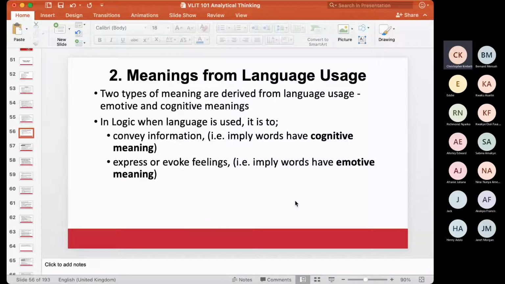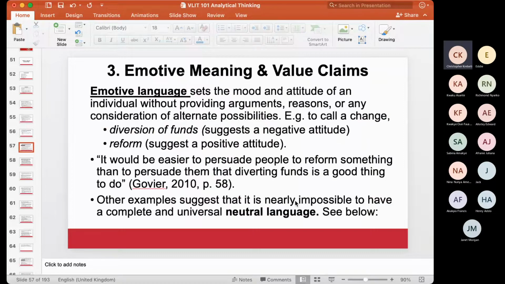And then again, when language is expressed, we can also have emotive meanings coming out, where feelings have been evoked or expressed. Oftentimes you will hear discussions that revolve mainly around feelings. So we want to look at each of these in some detail.